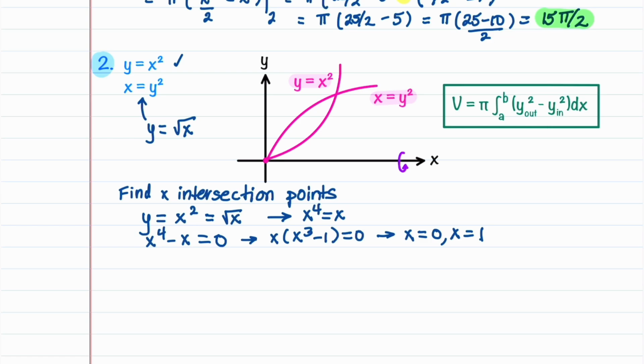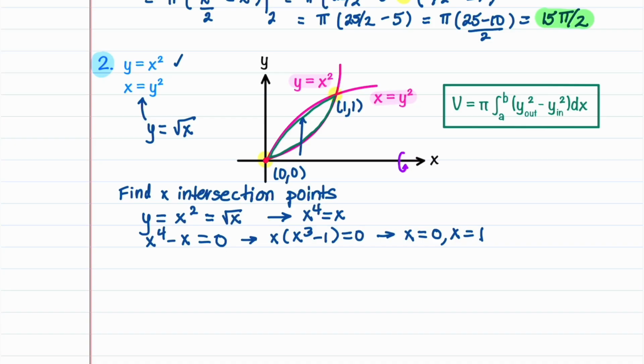Now we can go back up to our graph, and we can see that our two intersection points are 0, 0, and 1, 1. We'll go ahead and label that. Because we have a gap between the region that we're integrating, let me go ahead and highlight this in green so you can see that region. We're going to have an outer radius and an inner radius.